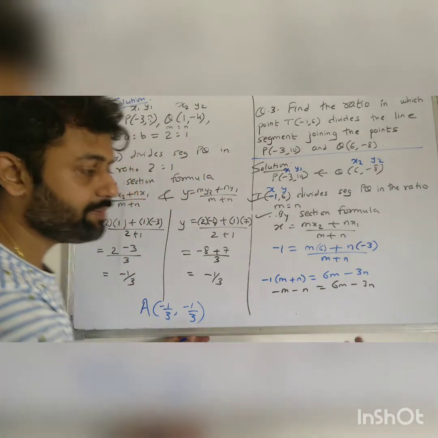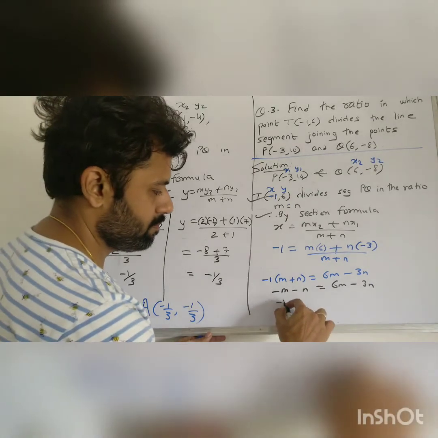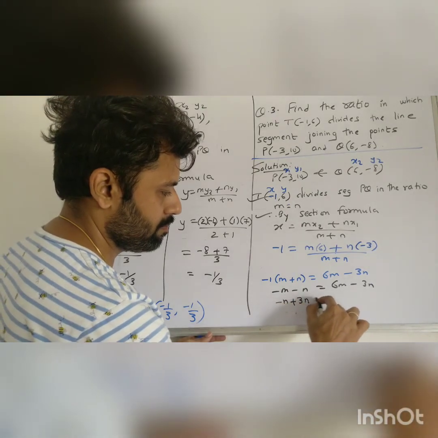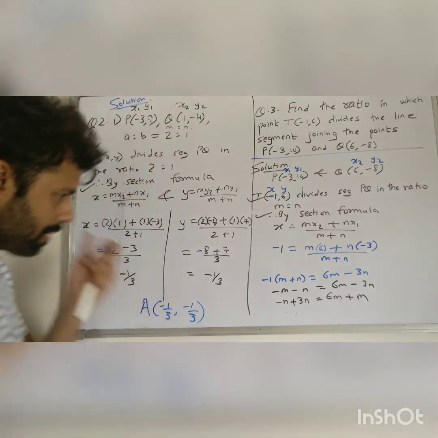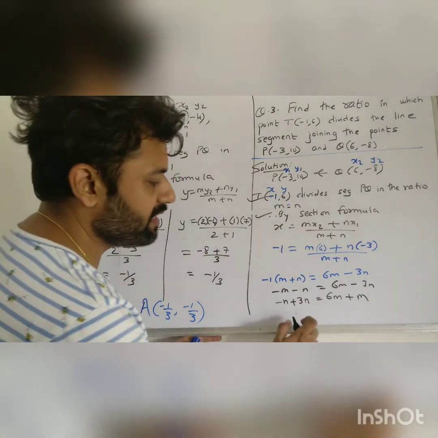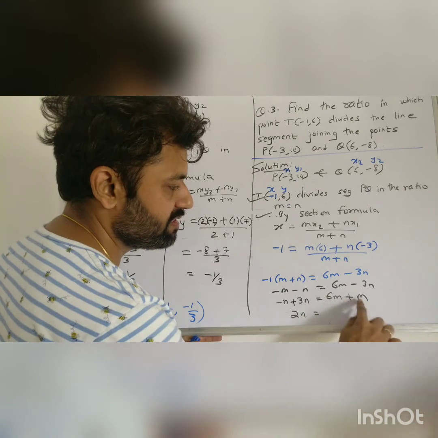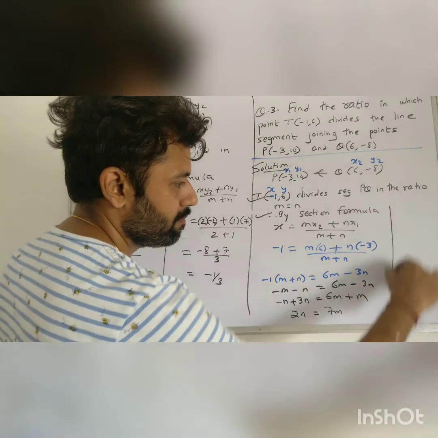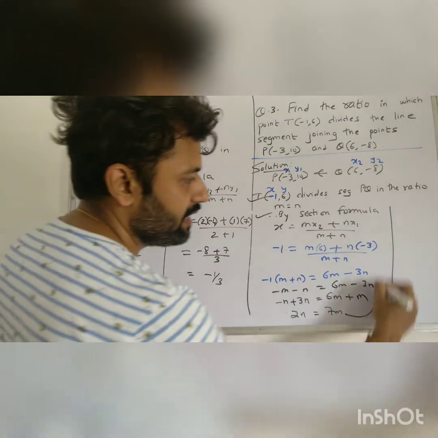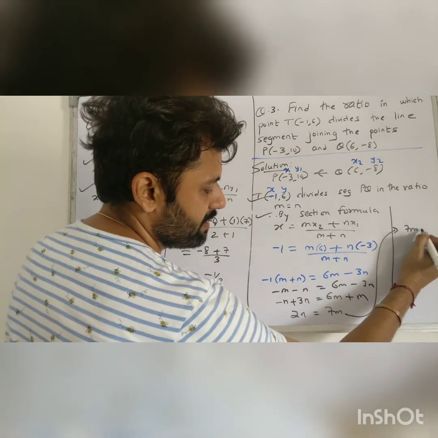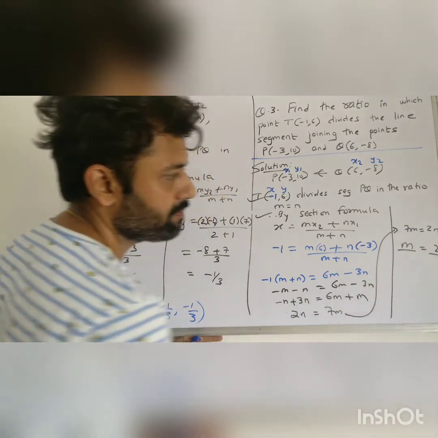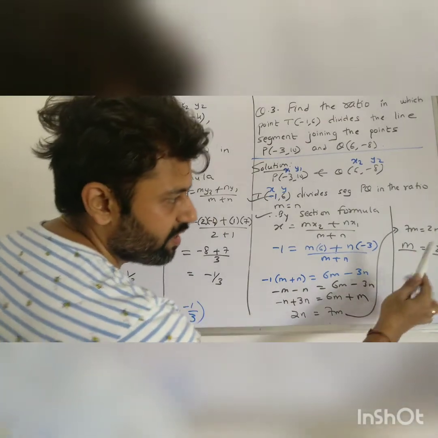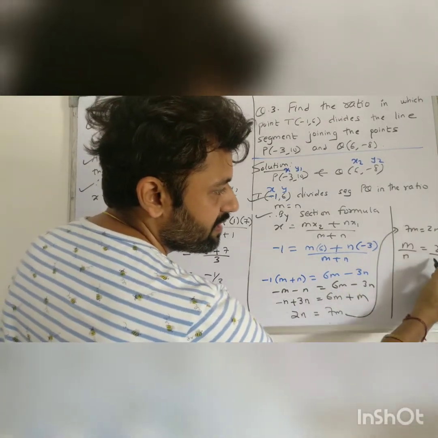Keep the m terms together and the n terms together. 3n minus 1n is 2n. 6 plus 1 is 7n. Remember, there is no space, so I'm writing here 7n is equals to 2n. m in place of that, 2 in place of that. This n will come down and this 7 will go down.